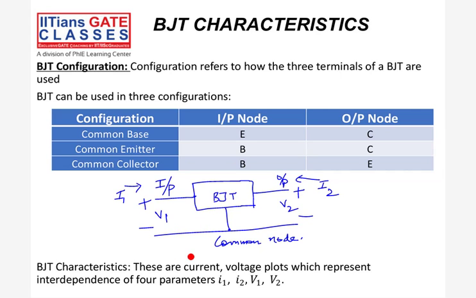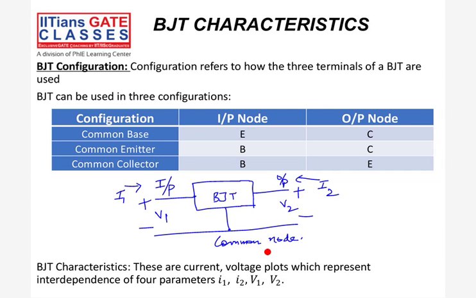These are current and voltage plots which represent the interdependence of four parameters: I1, I2, V1, V2. So these are interdependent. One is independent, and the other will be dependent on the independent one.